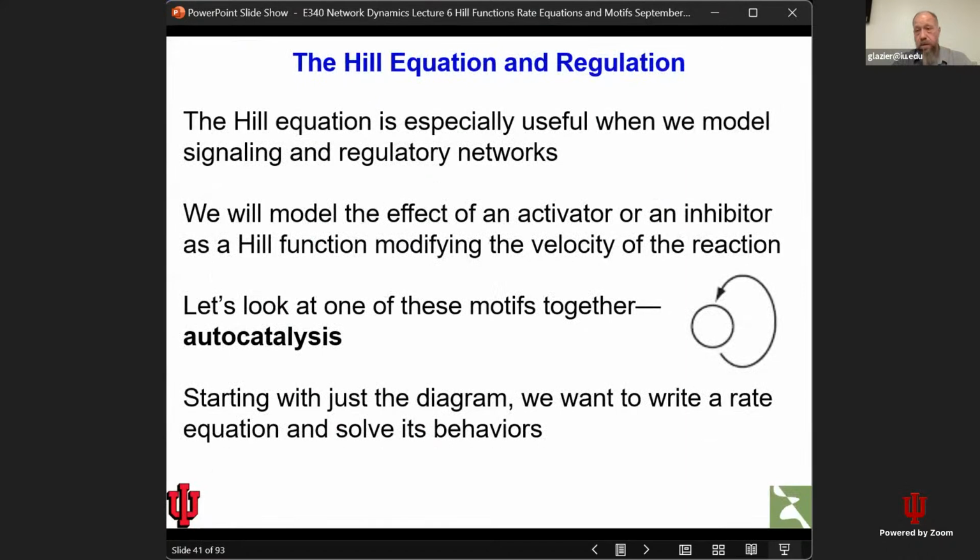And so we're going to be focusing on autocatalysis. The production of A promotes the production of A. And actually here, I'm not following my own notation because I have a pointed arrow instead of a blunt lollipop arrow, but that's what Herbert uses.